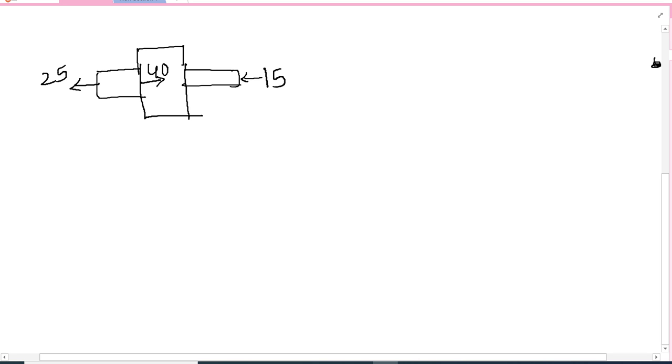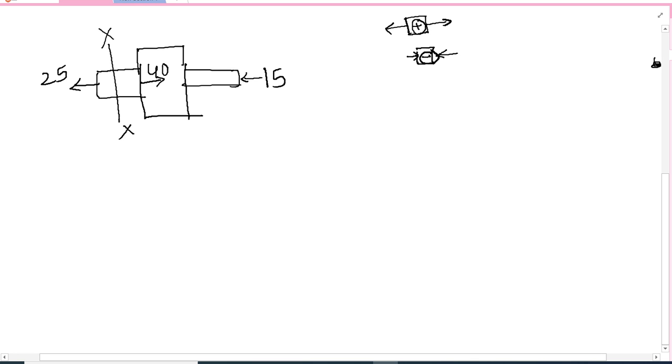The sign convention we can use is, if it is pulling the element then it is plus, if it is compressing the element then it is minus. So suppose I want to find the load at this section, what I have to do is find the algebraic sum of all the forces transmitted to that section from either side.